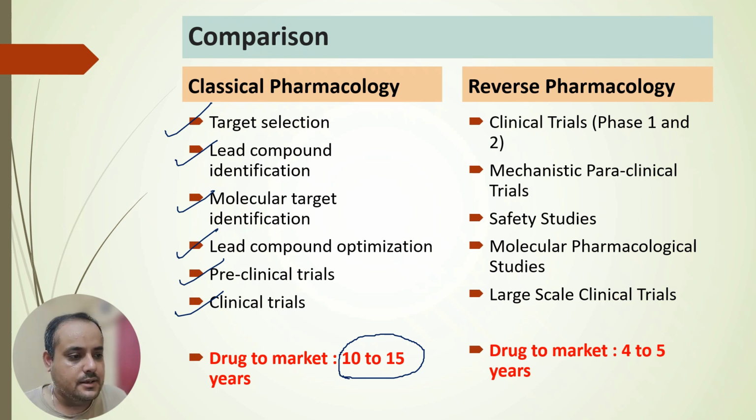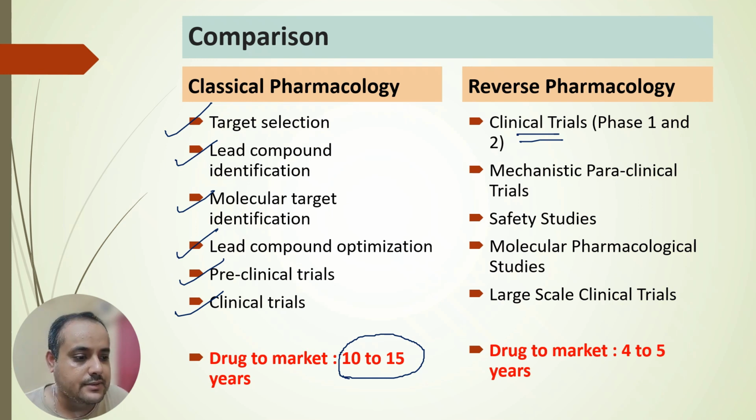But in reverse pharmacology, as we have already told you, we are moving from the clinics towards the laboratory, right? So we are starting with the clinical trials, phase 1 and phase 2. Since we already have the data at the documentation phase only, we already have the entire biodynamic effect.